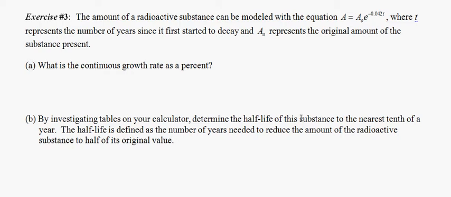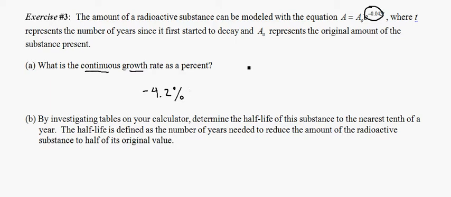What is the continuous growth rate as a percent? If you think you know the answer, pause the video for a second, write it down. All right, this is really odd, but literally the continuous growth rate is always this number. So it's negative 4.2%.